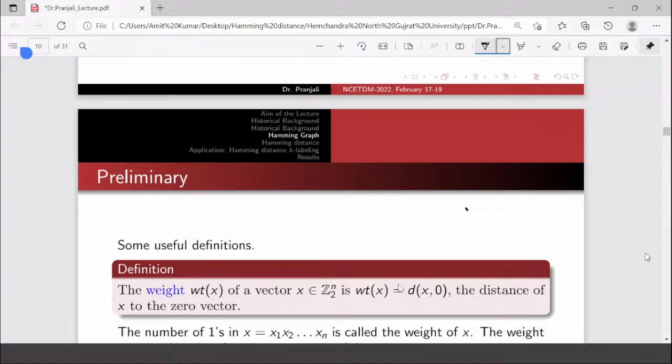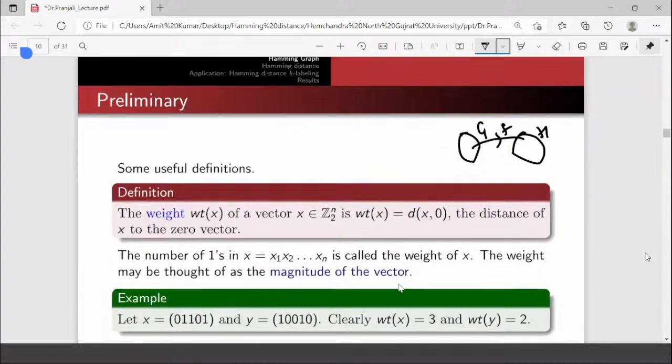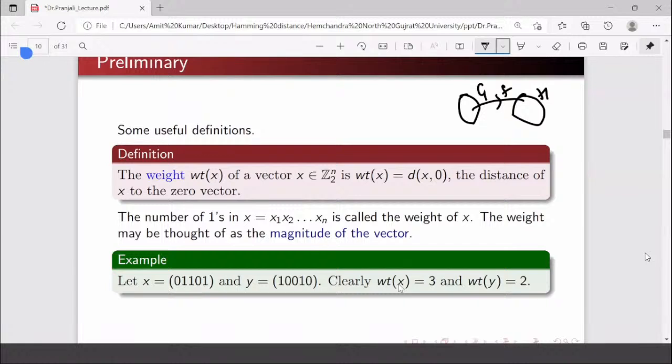It means I am going to start with any G and I want to embed it into a Hamming graph with the help of a function f. This is my objective.